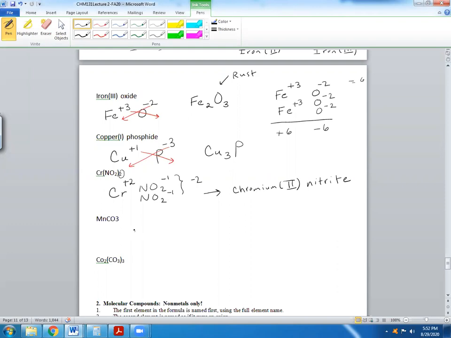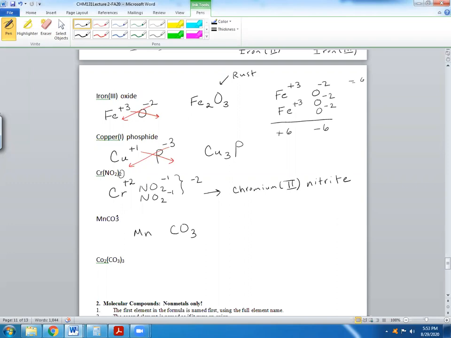Okay, Mn and CO3. Now, a common mistake that I've seen students commit is that they start with the polyatomics as they start breaking this into ions. You cannot do that. Remember, once you identify your metal, then what comes after it is a nonmetal. So all of these are nonmetals, and you can verify them.